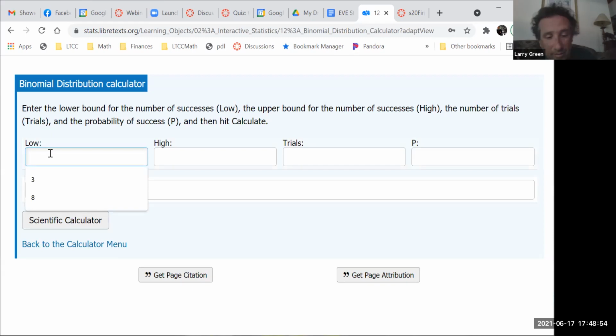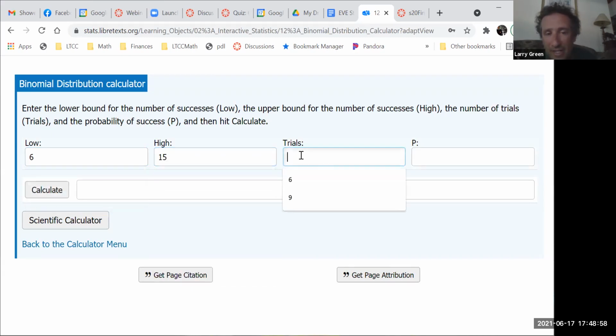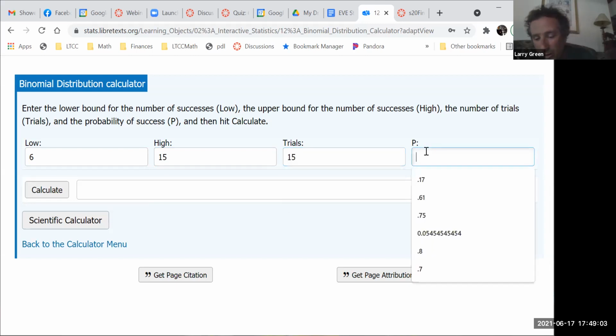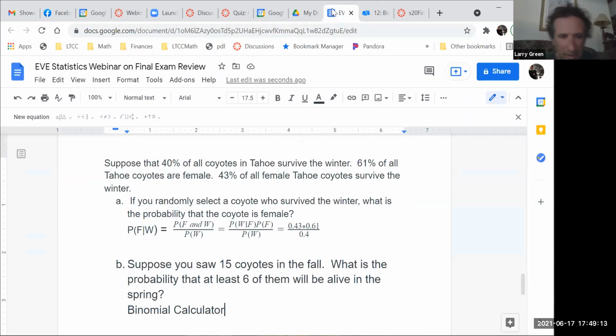At least 6 means 6, and the high is 15 because there's 15 of them. The trials are also 15, and P is 0.4. And hit calculate. And I get about 0.5968. Again, very easy to do if you know what to do.